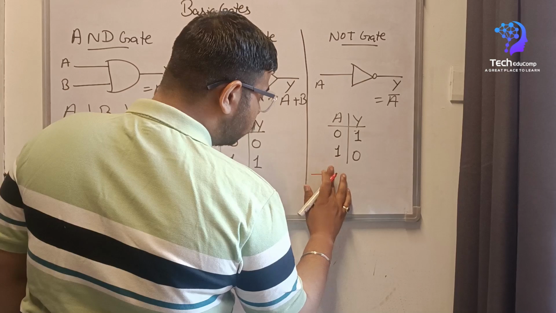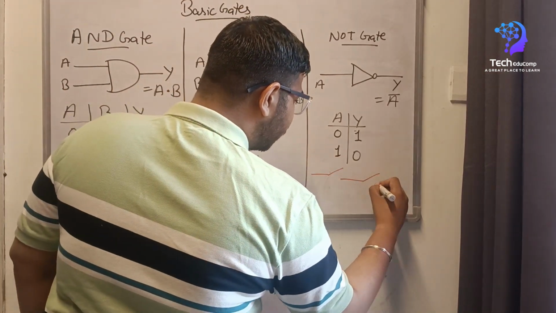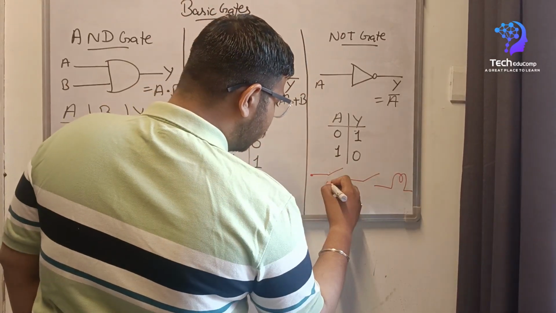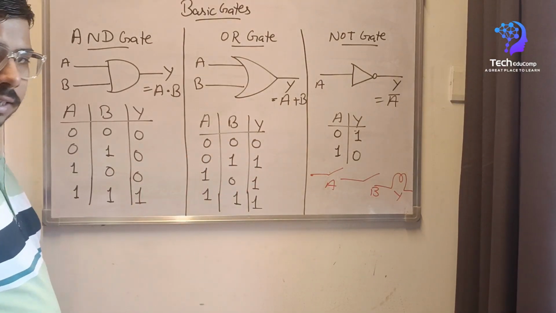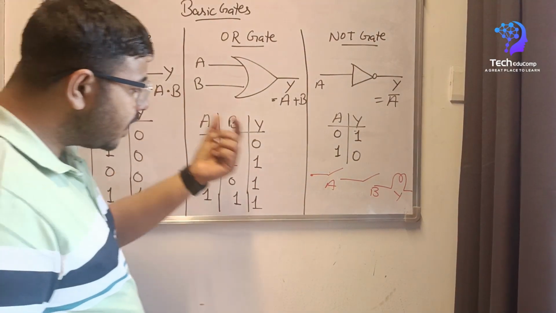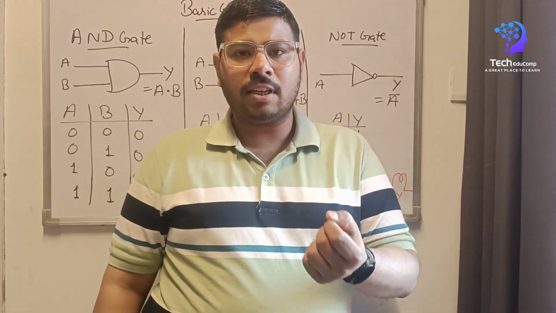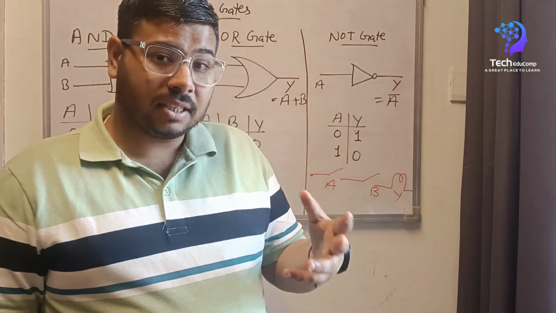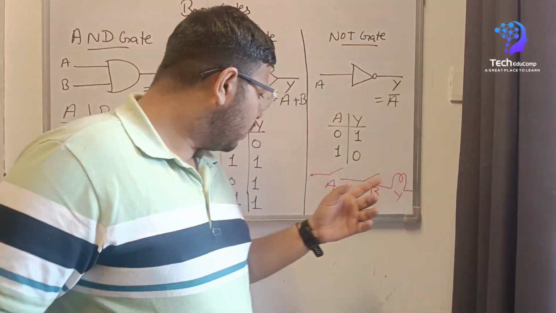I have two switches which are connected in series, and a bulb or an LED. This is A, this is B, this is Y, and they are connected in series. If one of the switches is logically high and one is logically low, then I won't get any output, because by the definition of series, the current flows in a straight line.